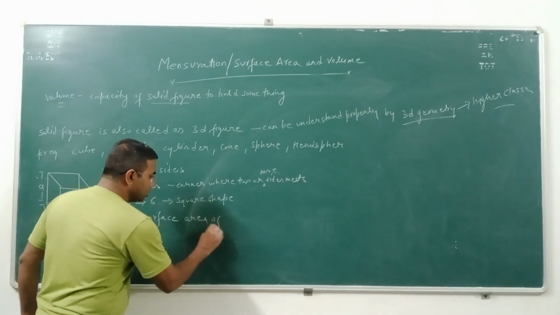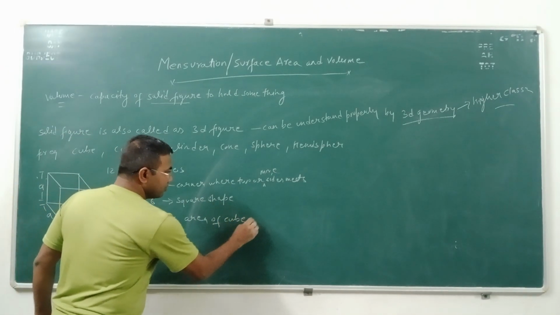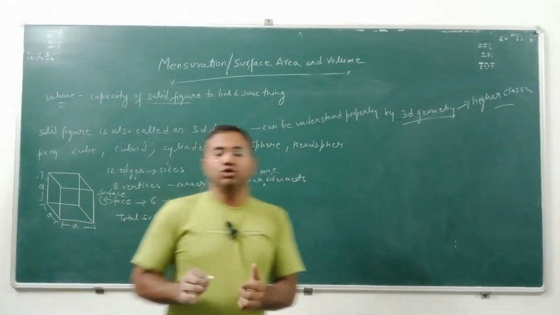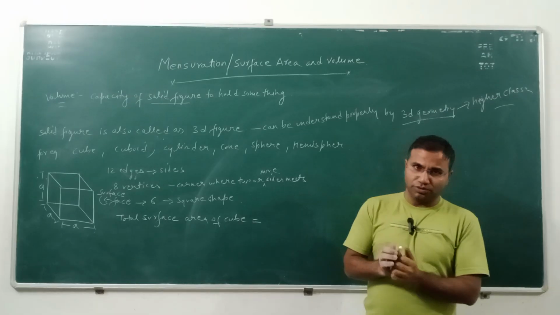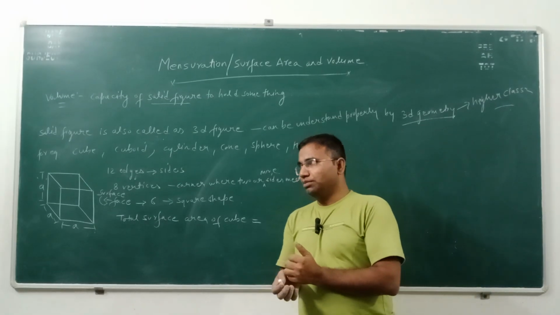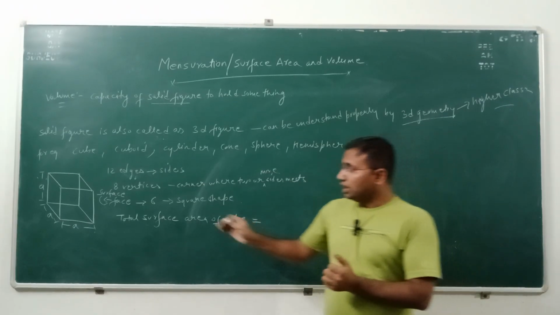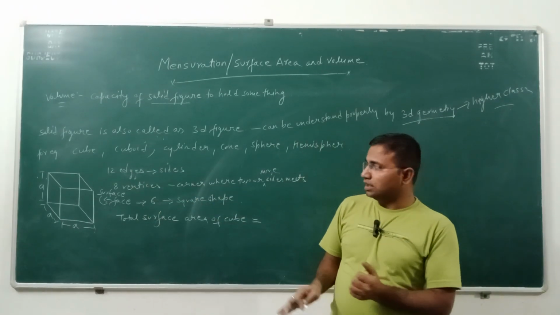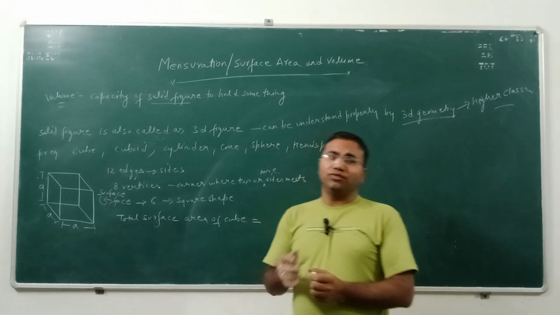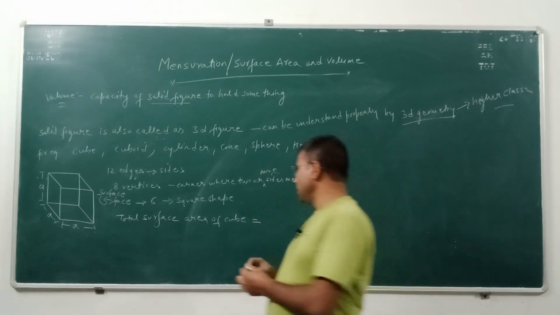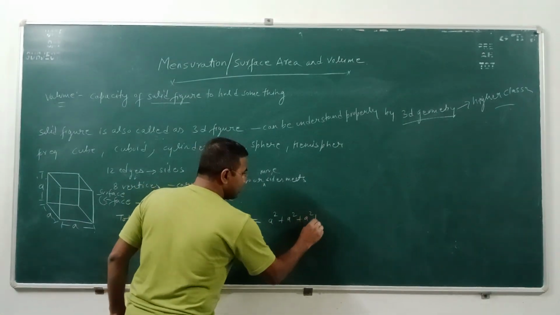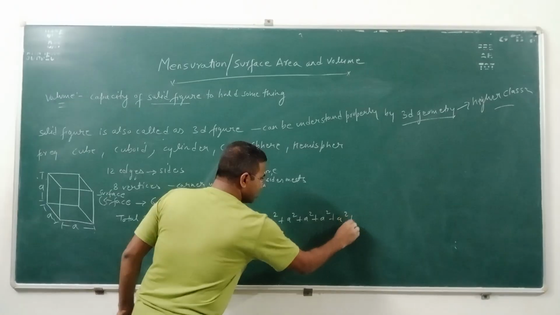Now we will talk about the total surface area of a cube. The face of a cube is a square shape, and you know the area of a square is a square, meaning side into side. Here six faces are there, so we will add the six areas: a square plus a square plus a square plus a square plus a square plus a square.